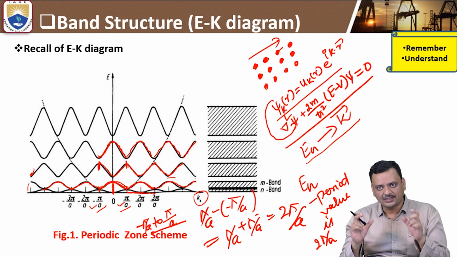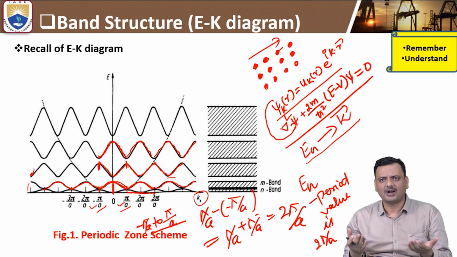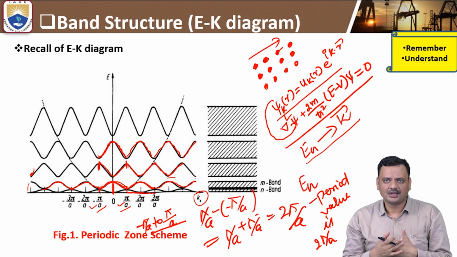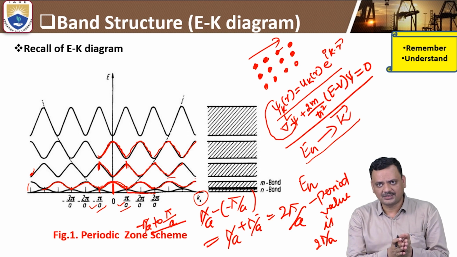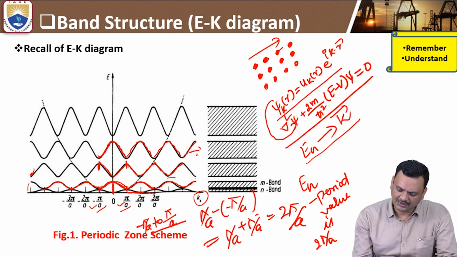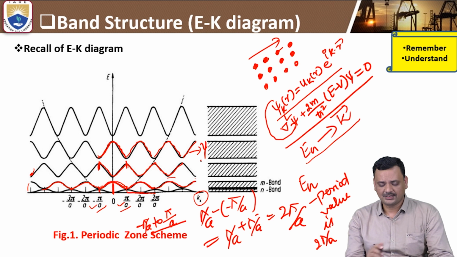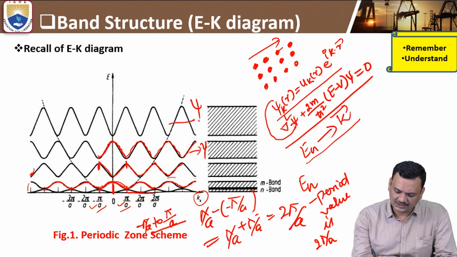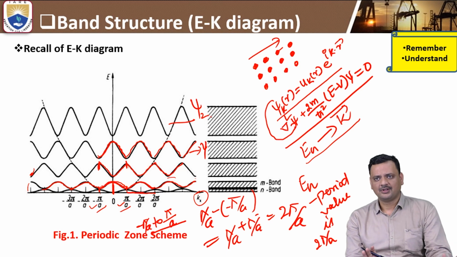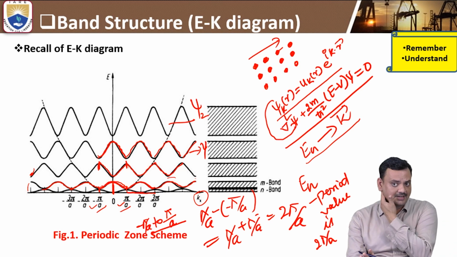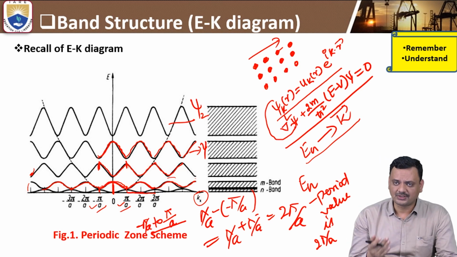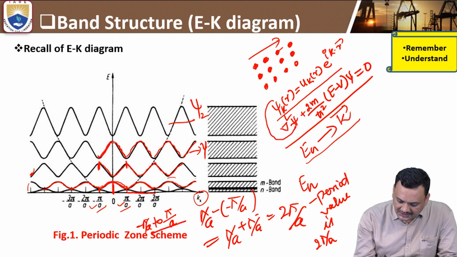Your allowed energy state is nothing but a wave function. In this allowed energy state there is definitely one wave function psi, and for this allowed energy state obviously some wave function psi 2, for example, qualitatively. So what I am trying to say is that this wave function also has some periodicity.